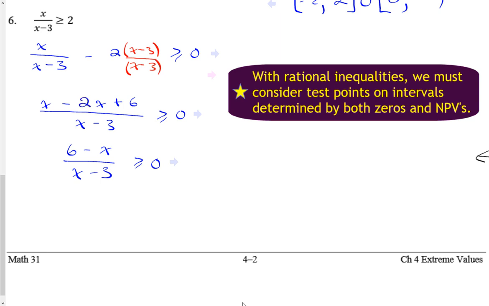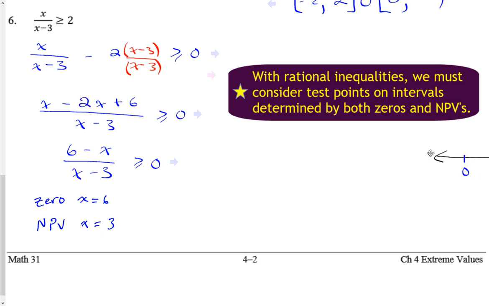So as we look at the inequality that we have here, we can say we have a 0 where x is equal to 6. That makes the numerator equal to 0. And we have a non-permissible value where x is equal to 3. So we have these 2 points that will be important for us to consider on our number line when we divide it into intervals.